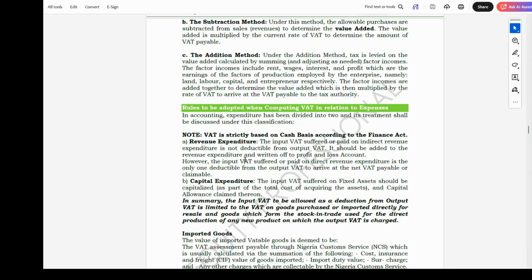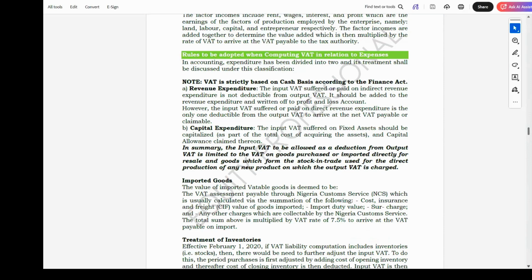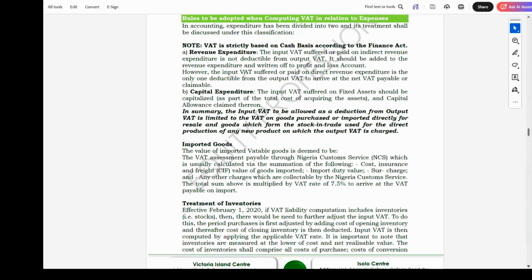In simple terms, only VAT suffered on direct revenue expenditure will form part of our input VAT. Other VAT on other expenditure will either be capitalized or taken to profit or loss, depending on the nature of the business.